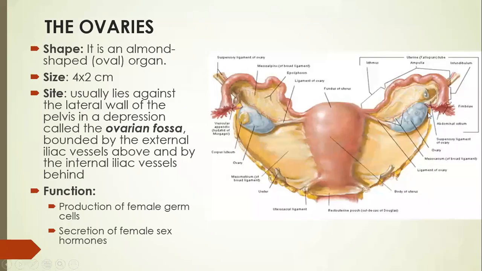If you see here, on the lateral side, we have the fimbriae. Some of the fimbria are attached to the ovary. Fimbria is the part of the fallopian tube. So this is the fimbria on the lateral side and the ligament of ovary on the medial side. So this is the ovary.